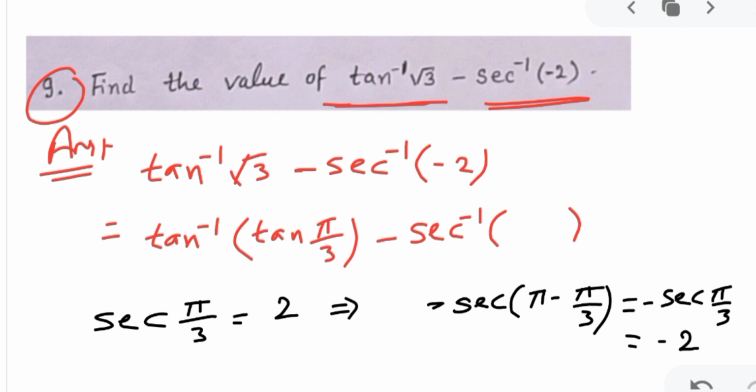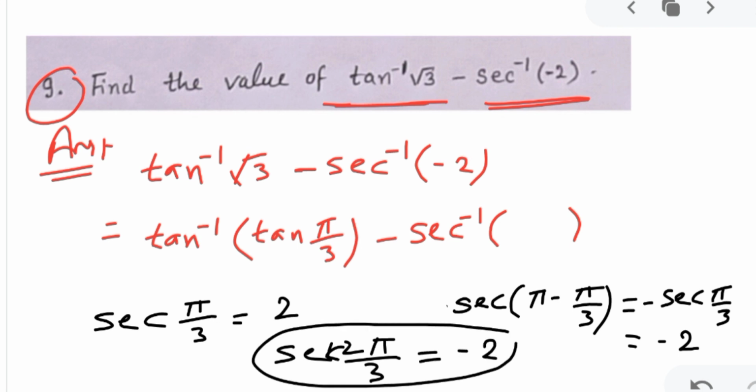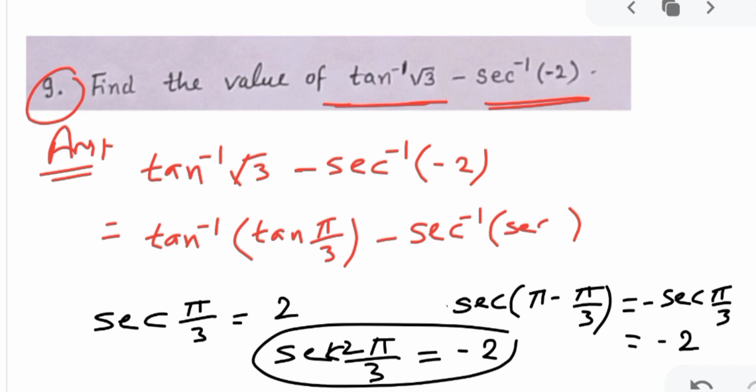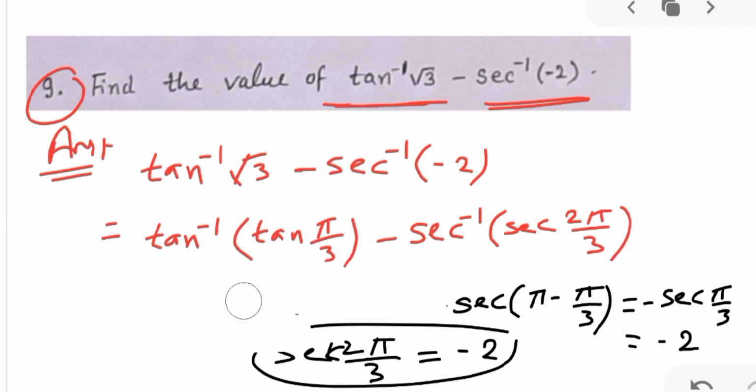So I can say this is nothing but sec of pi minus pi upon 3, which is 2 pi upon 3, is minus 2. So instead of minus 2 here I will write sec 2 pi upon 3, correct? So we reach till here.